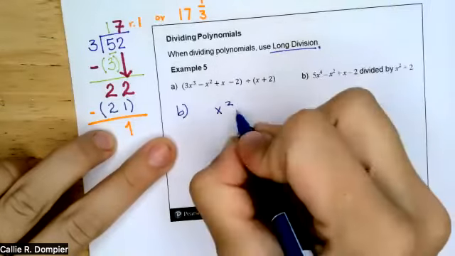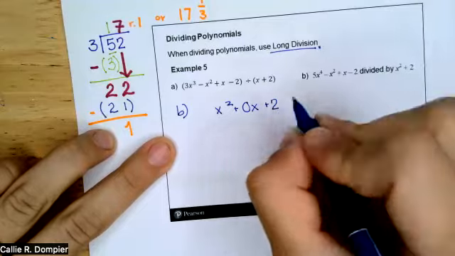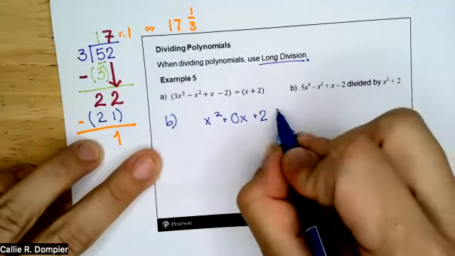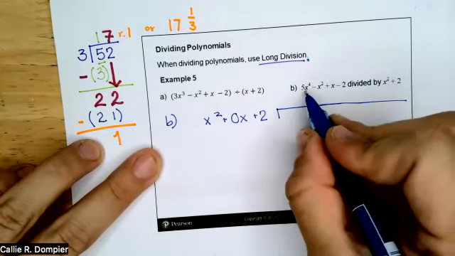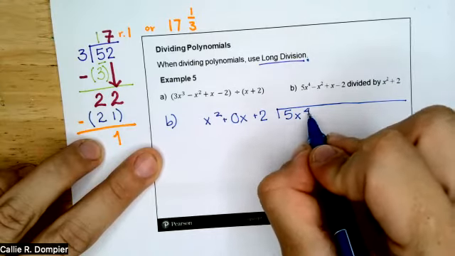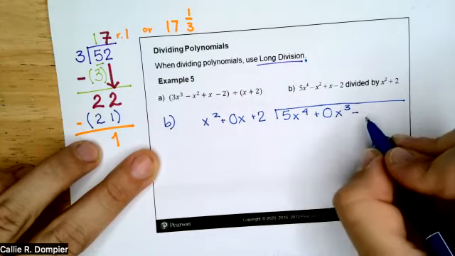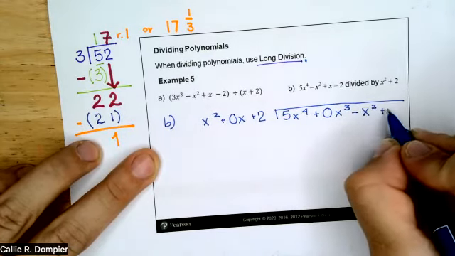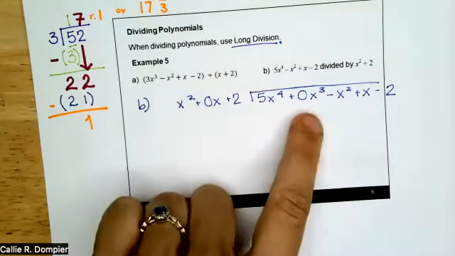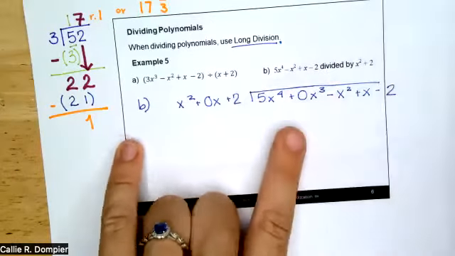I like to say plus 0x plus 2. I like to have a placeholder for each of the x's because otherwise it can get a little confusing if this one doesn't skip them and this one skips them. So this will be 5x to the fourth plus 0x to the third minus x squared plus x minus 2. So I added that just so we could go 4, 3, 2, 1, 0, 2, 1, 0.